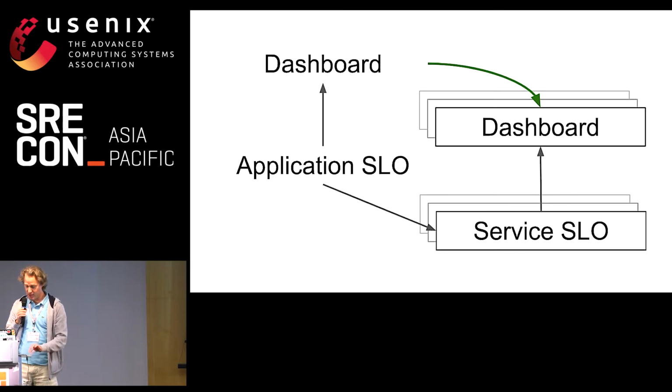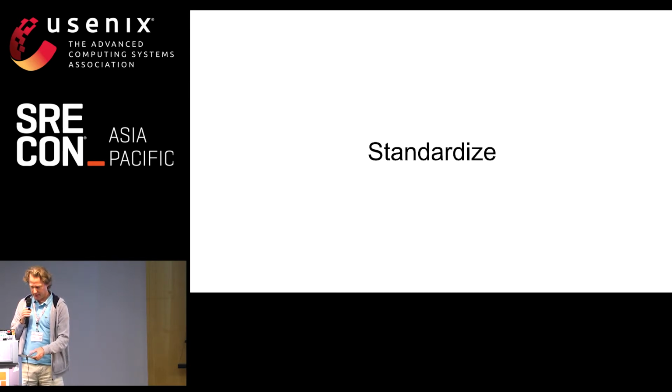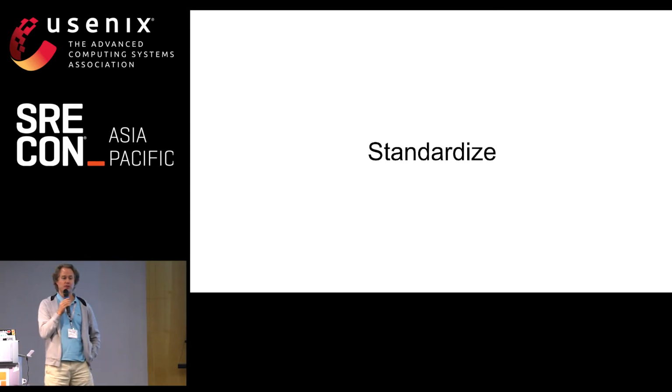So now you have your dashboards. The question is, how do you get to more dashboards or to more metrics? In Google, we have a lot of services, literally thousands of services, and they run on thousands of jobs. The best way we managed to do that is to standardize on metrics, meaning on metric names and metric meaning, get them into our standard time series database, and then you can get them out of there as well in a standardized way.